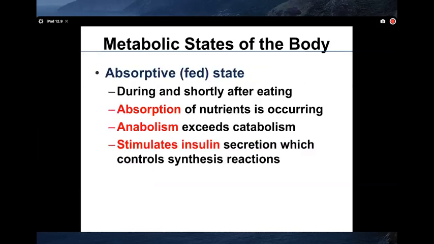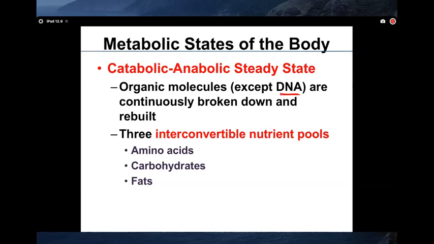So you are building up and breaking down carbohydrates, fats, and proteins all the time. So you have an interconvertible nutrient pool. So whenever I need protein, I can break down the amino acids, I can break down the fats to build up my carbohydrates.